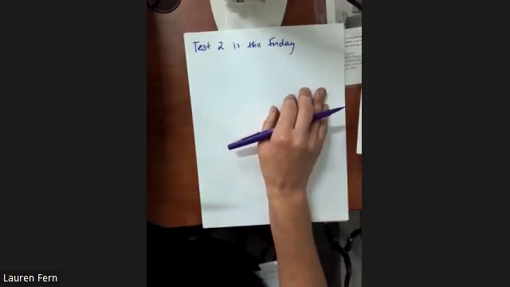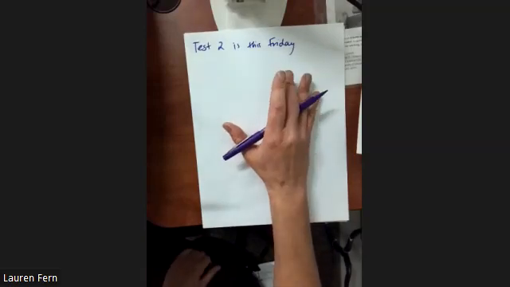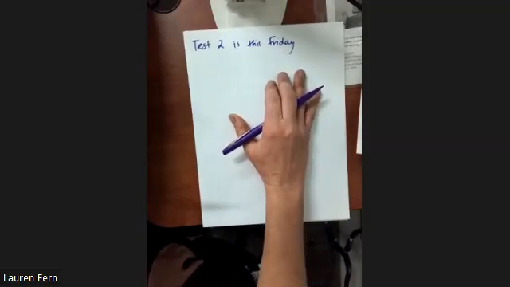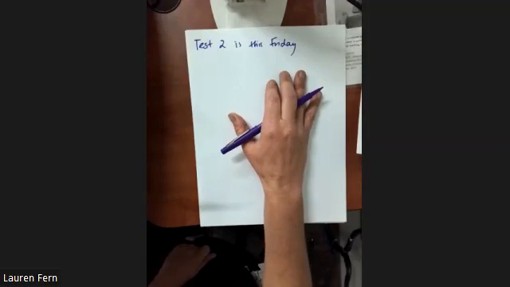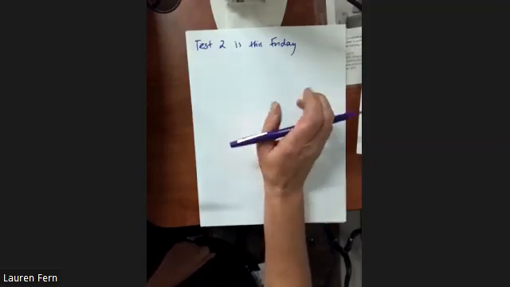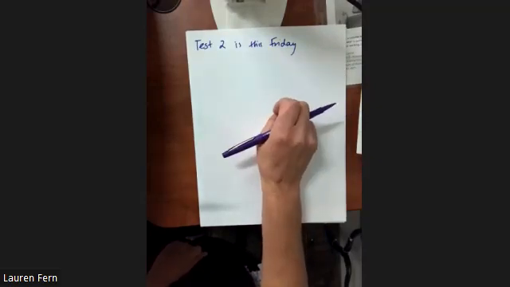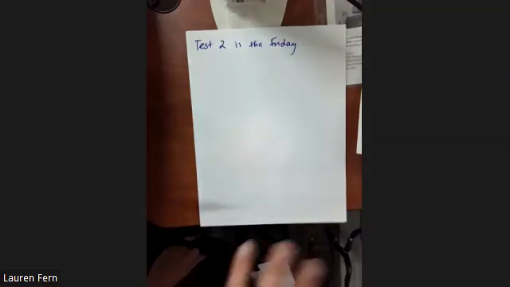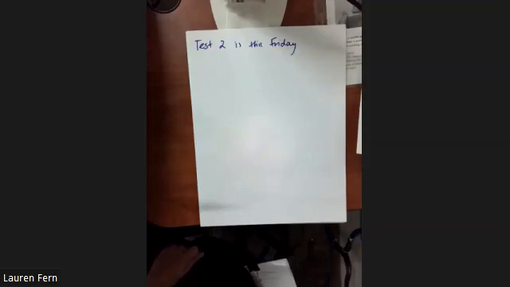And you need a calculator for sure, and an optional sheet of paper with notes. Okay, I don't care what's on the sheet of paper with notes. Again, I don't collect that. But the idea behind the sheet of paper with notes is that as you're making that sheet of paper, it gives you an idea of what sort of ideas you struggle with, what sort of questions you have.